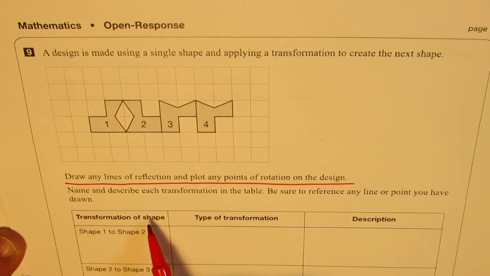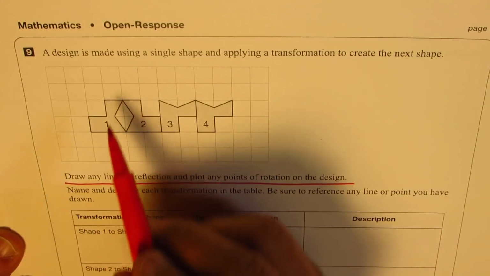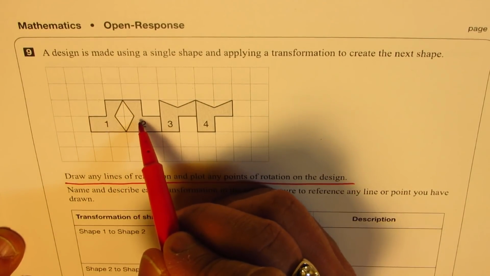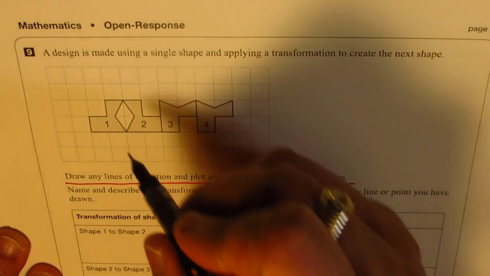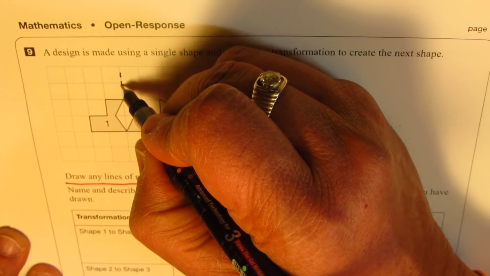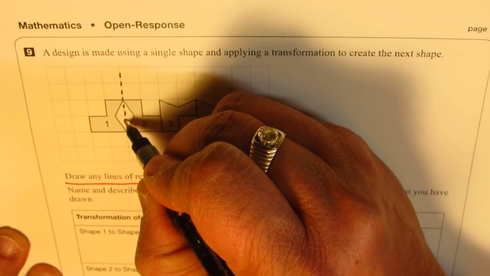So these are the transformations of the shape, type of transformation, and the description. The very first one here is from shape 1 to shape 2. So this is your shape 1 and this is your shape 2. What do you think is the transformation? Well, you can see that it's a reflection on this particular line, right? So we could mark this line.